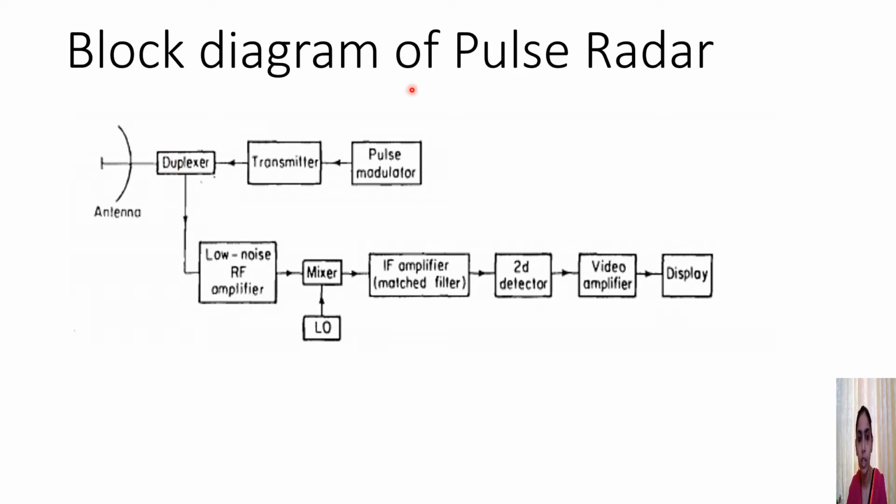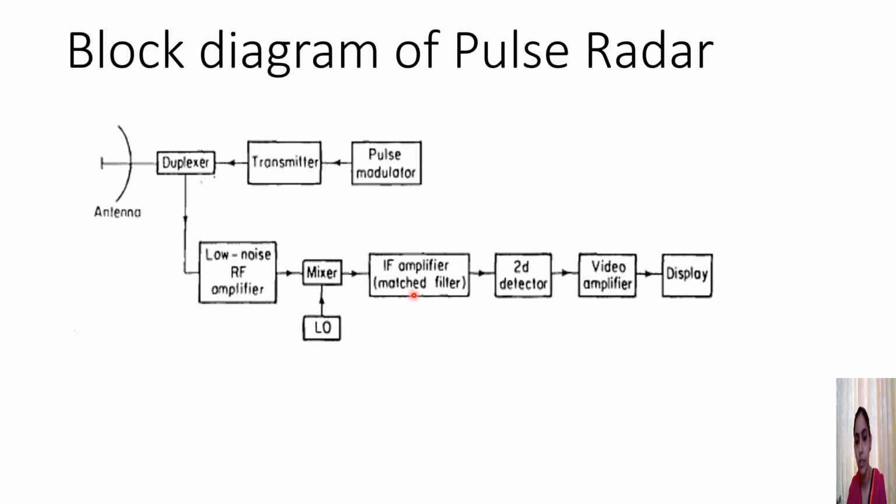So this is a block diagram of a conventional pulse radar. Here we have a transmitter and a duplexer. We are using a single antenna for transmission and reception, and at the receiver we have an ordinary superheterodyne receiver. Another thing to remember is that the IF amplifier should be a matched filter.